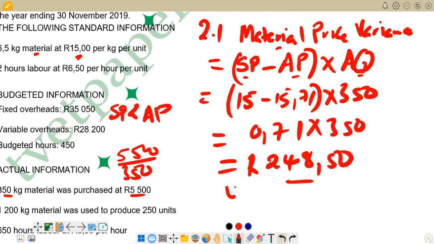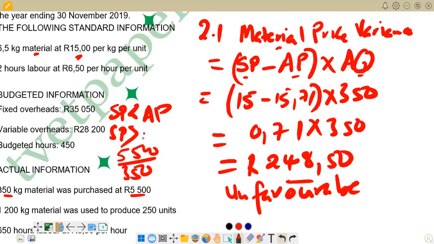So this one is unfavorable. The opposite is true: if standard is greater than actual price, it becomes favorable. So this is what we have on the first part. Then we go and check the next question.